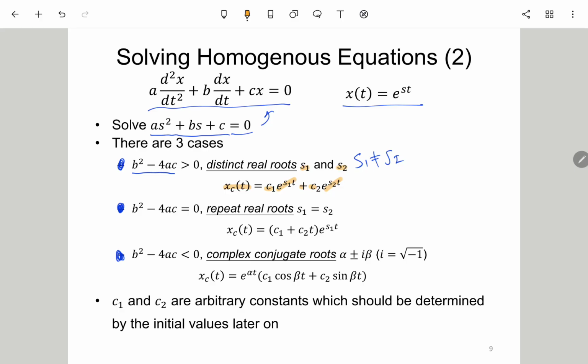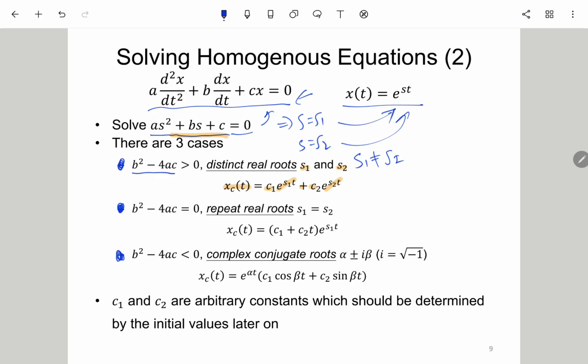Okay, so of course, you need to slightly memorize it. But maybe you ask, why is it like that? By solving this, if you get s equals s1 to be a solution and s equals s2 to be another solution, which means that, of course, this function is a solution to this homogeneous equation.